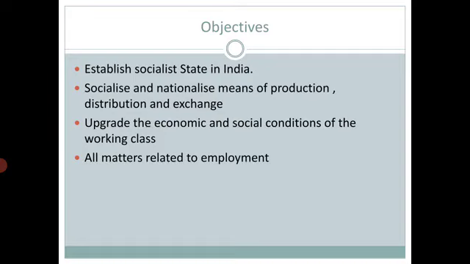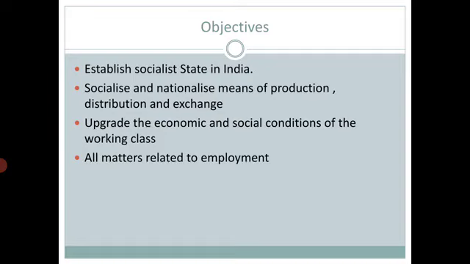Whenever we consider production, distribution and exchange, these three processes are related to the organization, right? They produce something, they are supposed to distribute it, and through this the exchange process does happen.